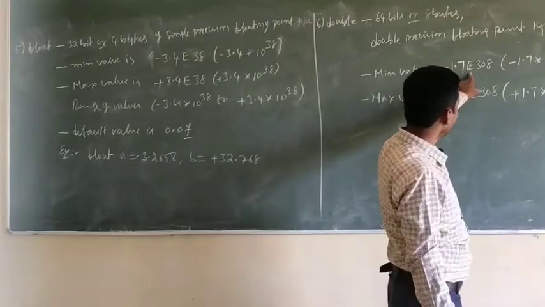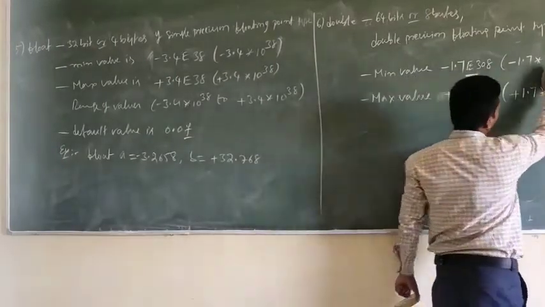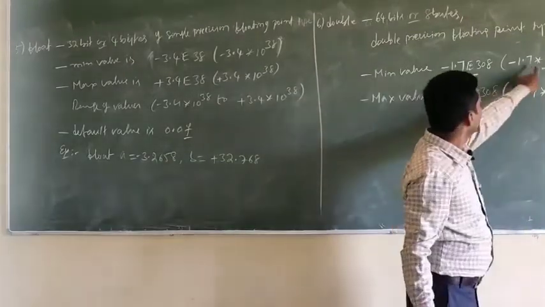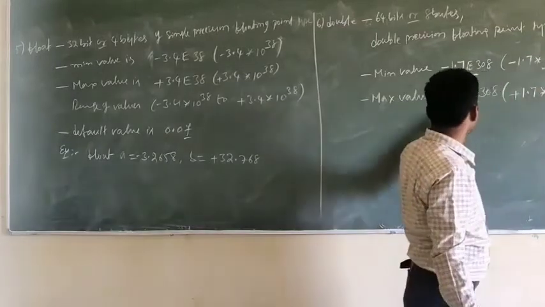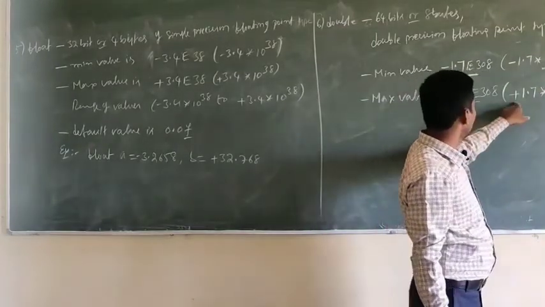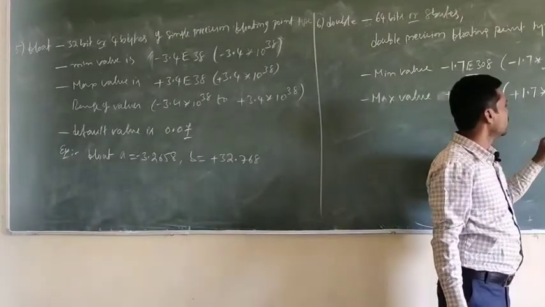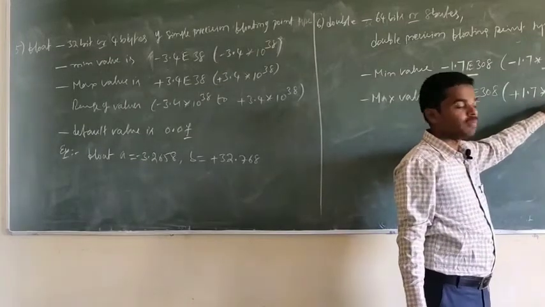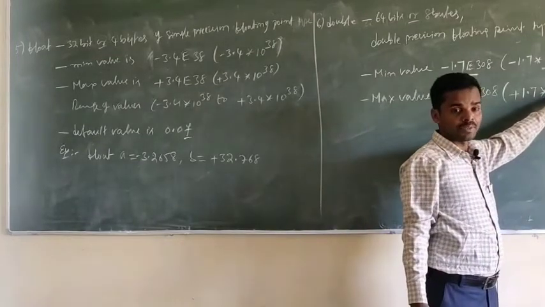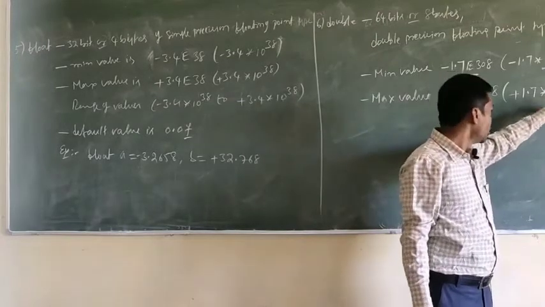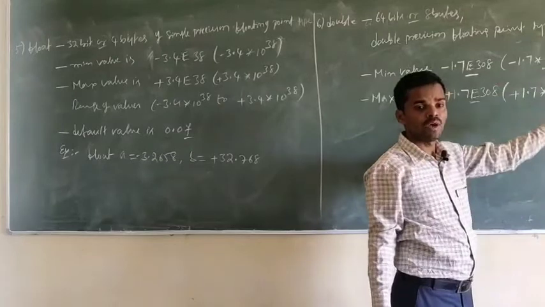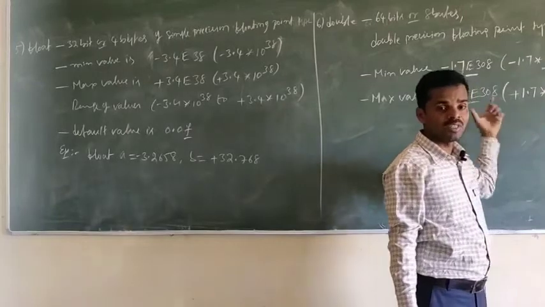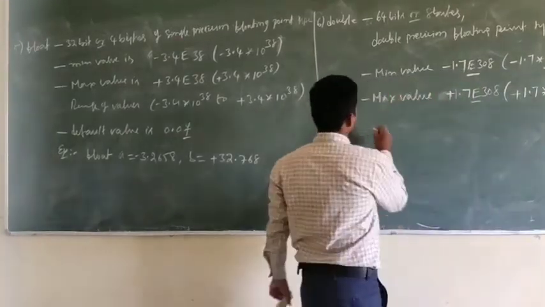See, E is for exponent, and this E can be represented as the exponent of 10. So minus 1.7 into 10 to the power of 308, and the maximum value plus 1.7 into 10 to the power of 308, which is 1.7 multiplied by 10 308 times. This is the minimum value and this is the maximum value. These are the range of values of double.